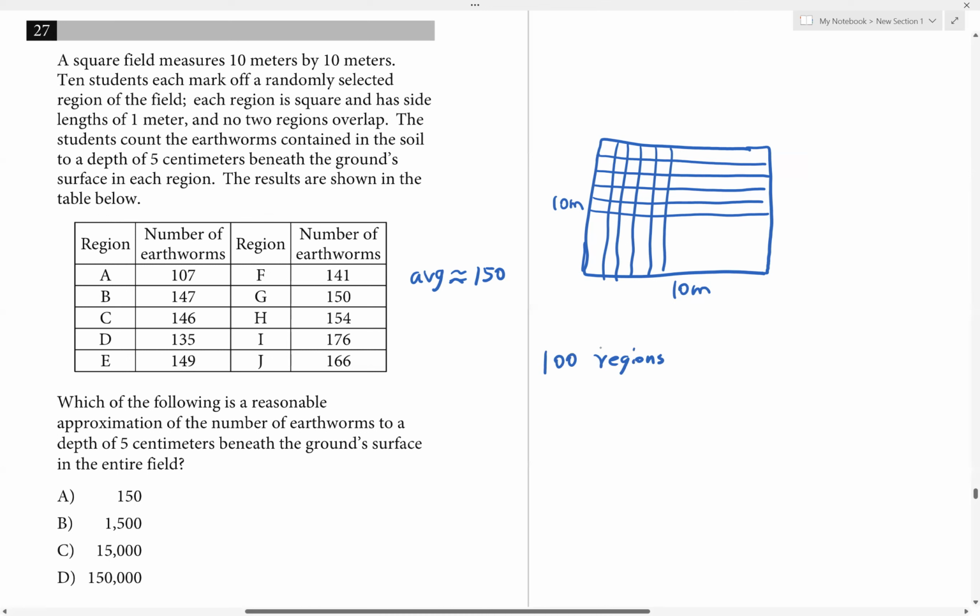We could dig all 100 regions, dig them up, count them and average that number. But that would be very time consuming and very costly. So instead of measuring all 100 regions, we're going to pick randomly 10 regions out of the 100, and we're just going to count the number from these 10.